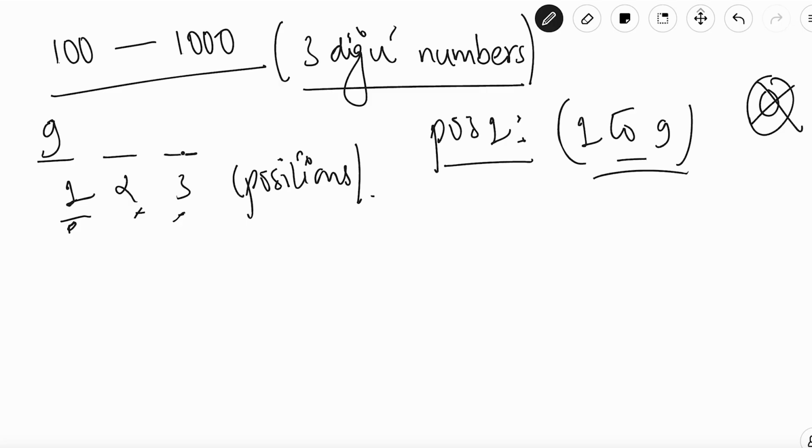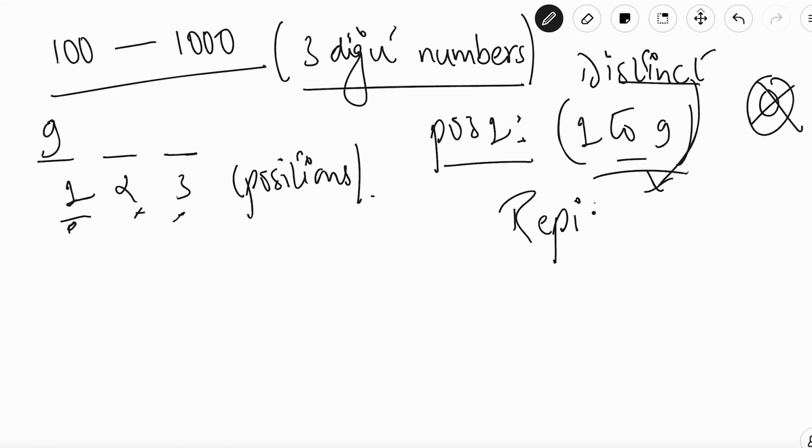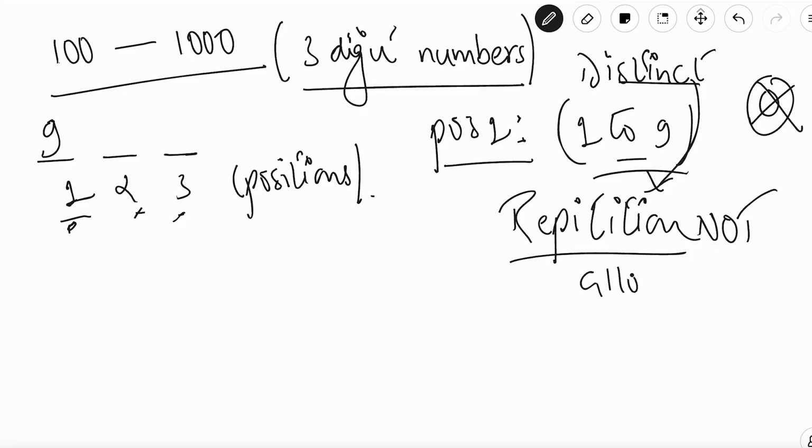Now since the question mentions distinct numbers, distinct means repetition of digits is not allowed. Once I have selected one amongst 1 to 9, how many options do I have for position number 2?